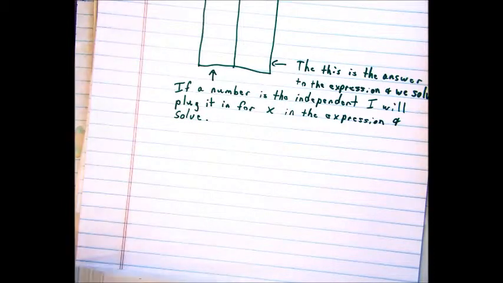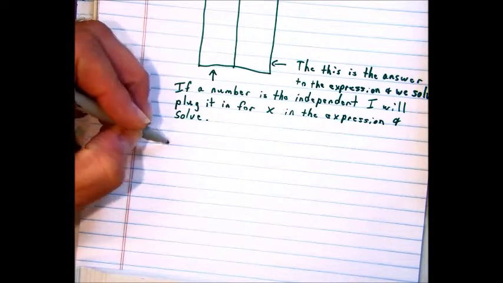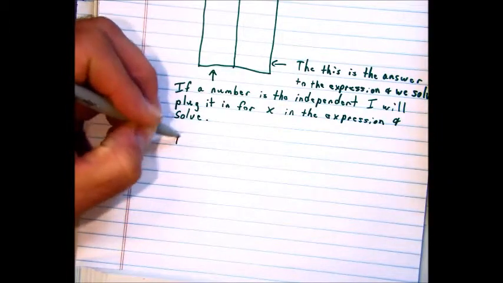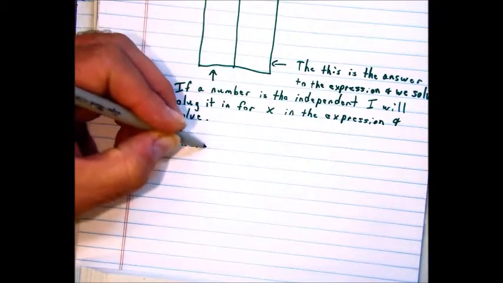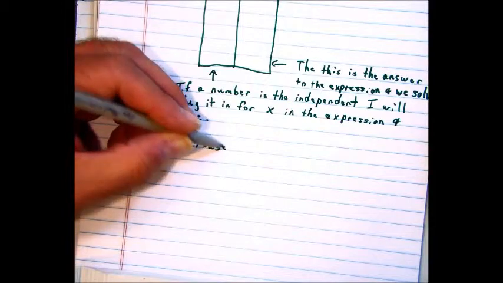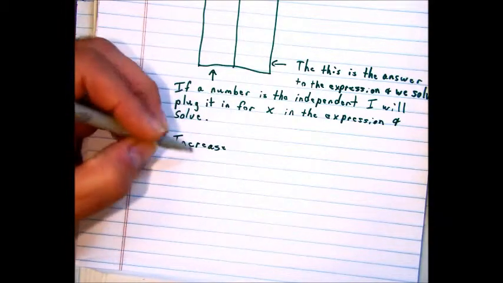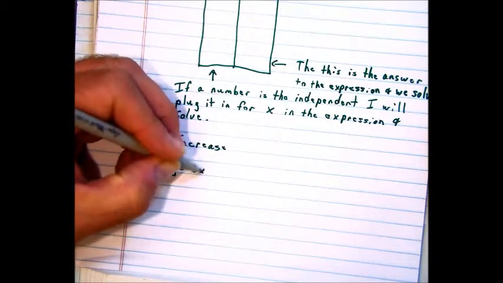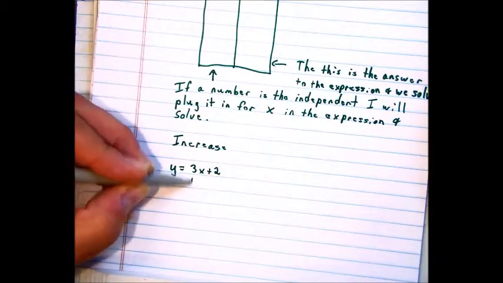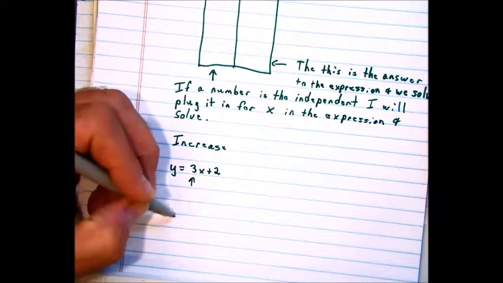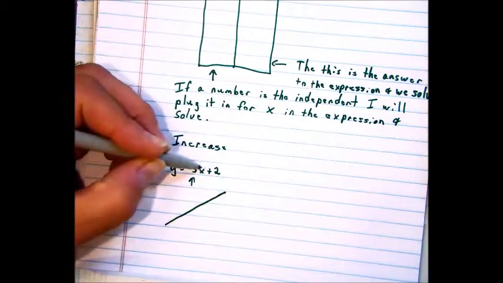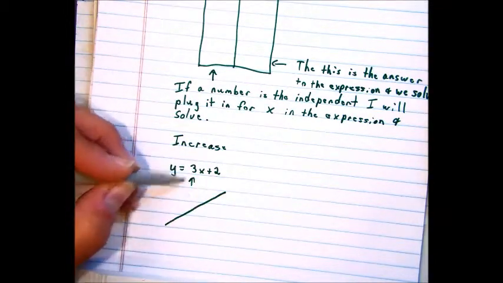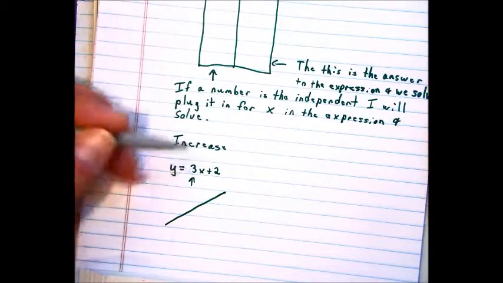So knowing that anytime the number in front of x is positive, we have an increase. And again, this is a review from Unit 1. So when we had y equals 3x plus 2, this is an increasing line. It's linear because it has an x. And it's increasing because this number is positive.